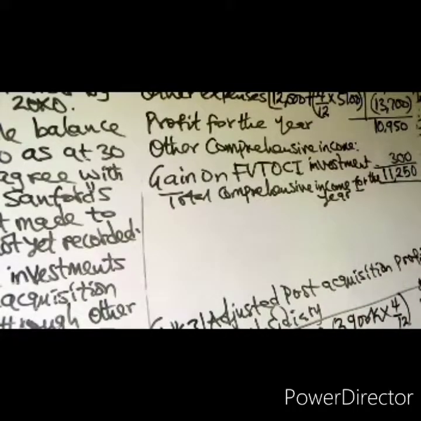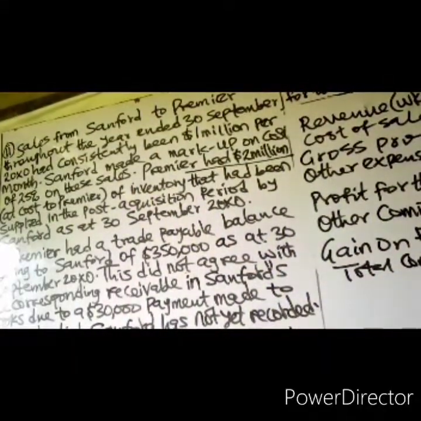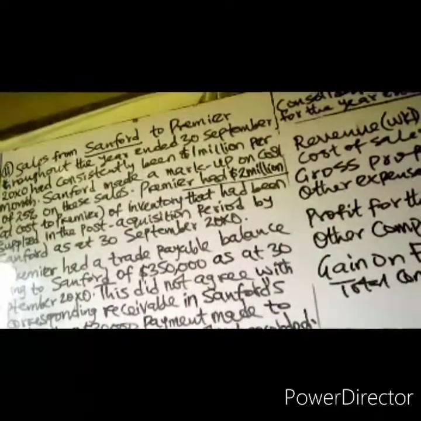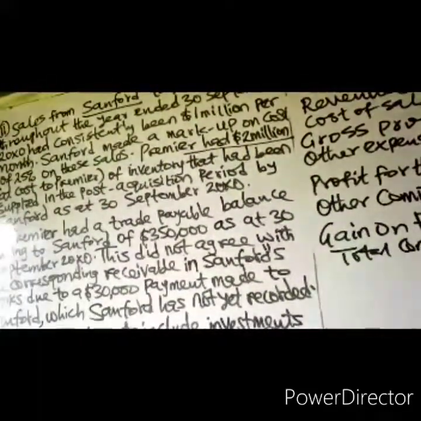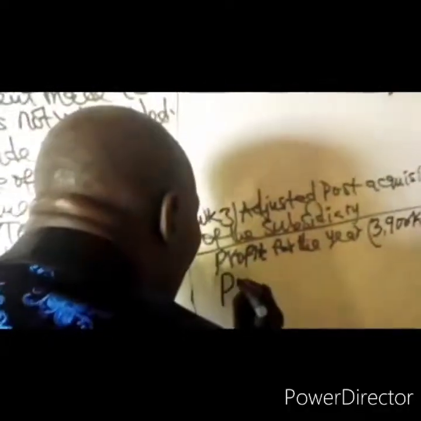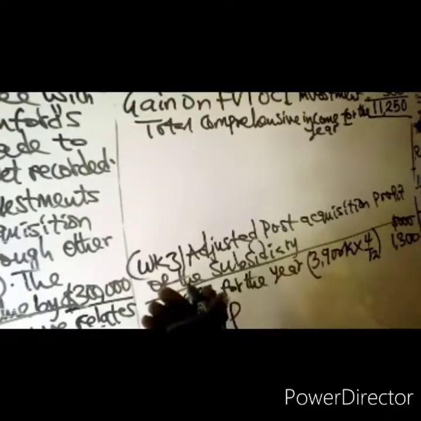Now, if you read through that, sales from Sanford to Premier throughout the year. Sanford is the seller. Therefore, you will need to calculate the unrealized profit. You will need to adjust for that, provision for unrealized profit. Where the parent is the seller, you don't need that.